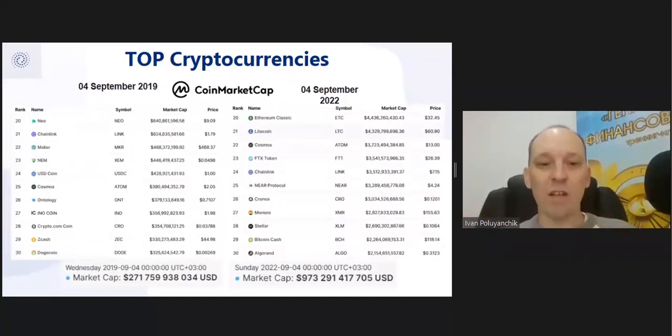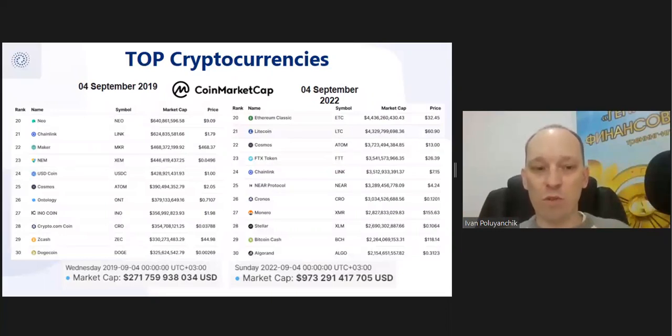Well, with the top 10 cryptocurrencies, everything is more or less clear. They are always in the center of our attention. People write about them. And instead of going for the top 10, I picked the top 30. You see, for example, from top 20 to top 30. And Dogecoin back then was in the 30th place, and today it ranks 10th.